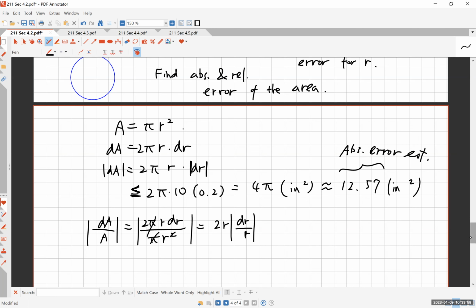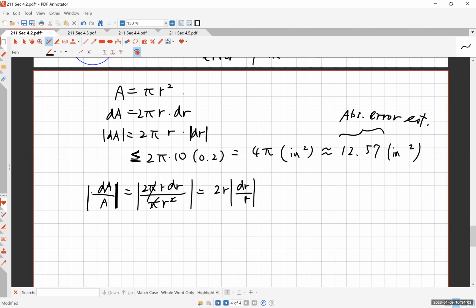By the way, this is actually saying that the relative error in the area is proportional to 2 times the relative error of the one-dimensional measurement of the radius.